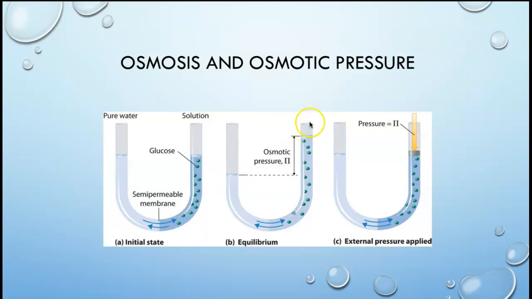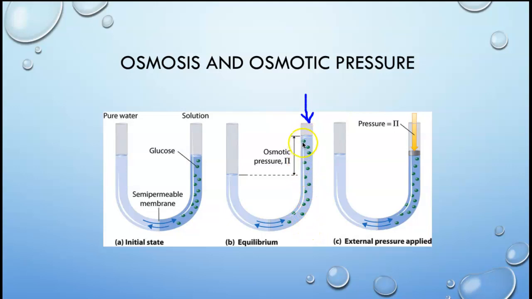Now, what's going to stop it from continuing to go up? Well, what's going to stop it is the pressure of the atmosphere pressing down on this tube. Eventually it's not going to be able to move up any farther, and the number of solvent particles going this way is going to equal the number of particles going in the opposite direction.